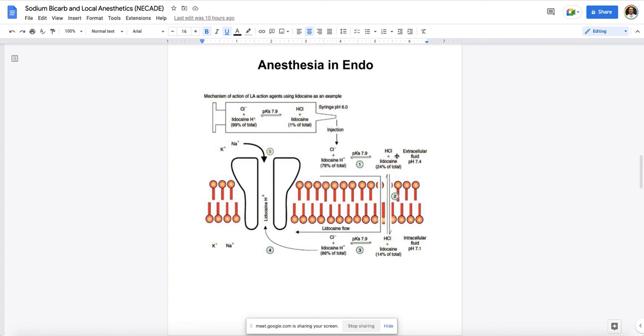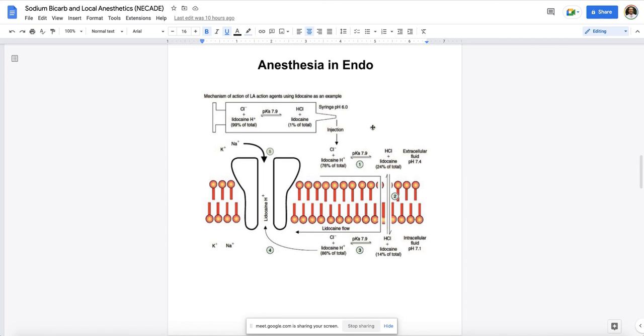We want more of the non-ionized because that's the lipophilic version that will cross the phospholipid bilayer so that it comes into the nerve sheath and then dissociates and creates the ionized version, which then has an effect on the sodium channels. What does this all mean?